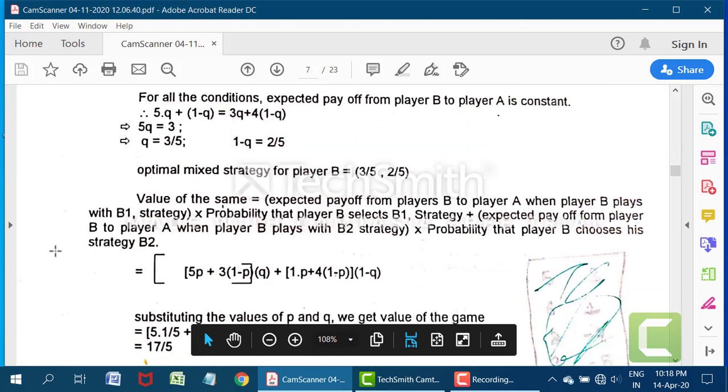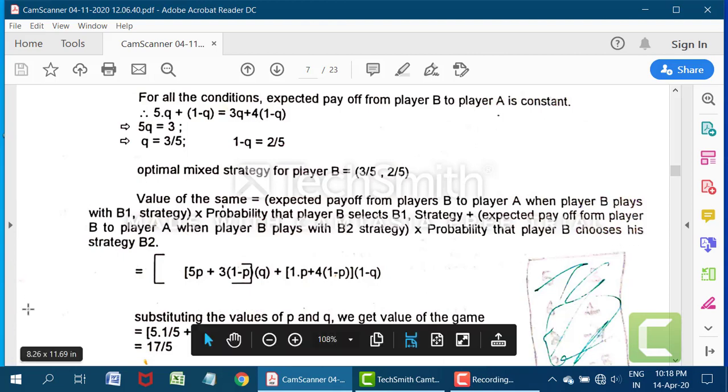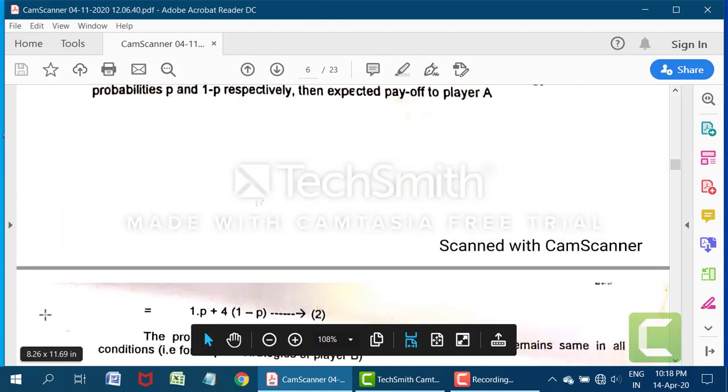Value of the game equals the expected payoff from player B to player A when player B plays the B1 strategy, times the probability that player B selects the B1 strategy, plus the expected payoff from player B to player A when player B plays the B2 strategy, times the probability that player B chooses that strategy.